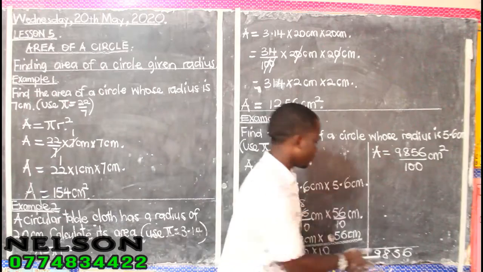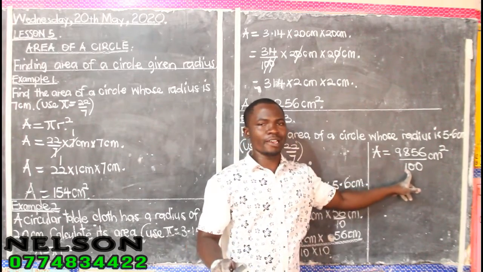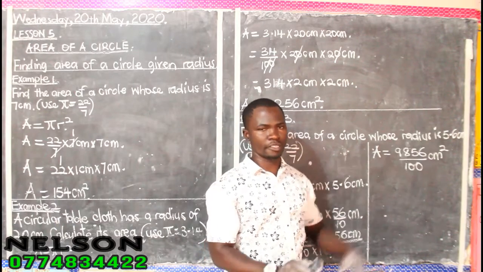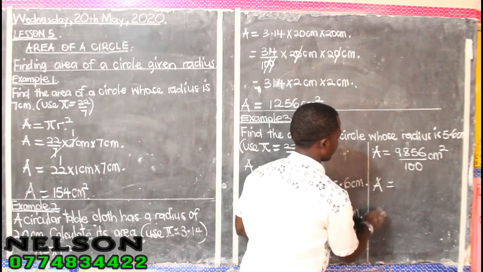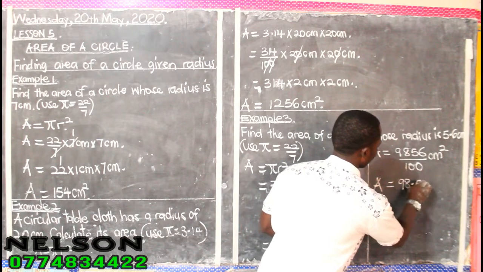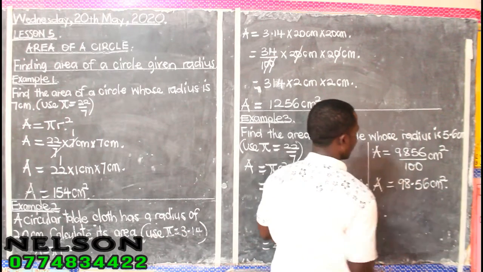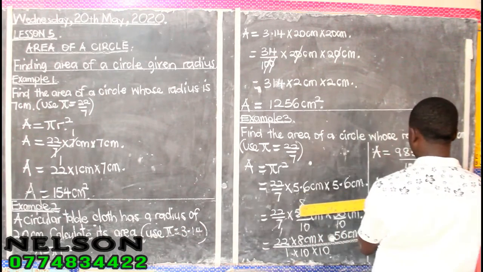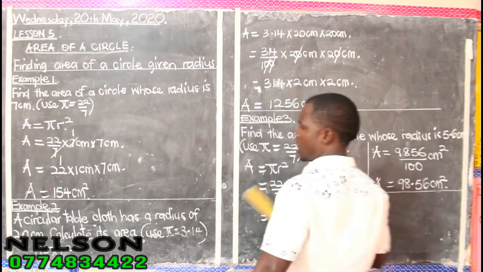Here we say the number of zeros in the denominator determines the number of decimal places in the decimal number. So our area for this question is 98.56 square centimeters. And this is our answer for example 3.